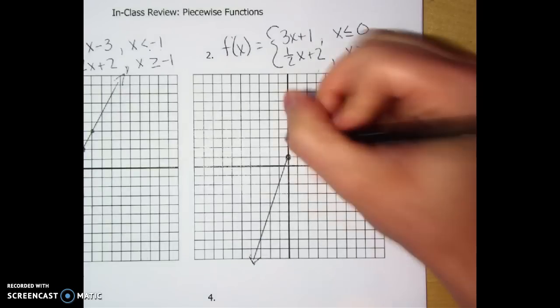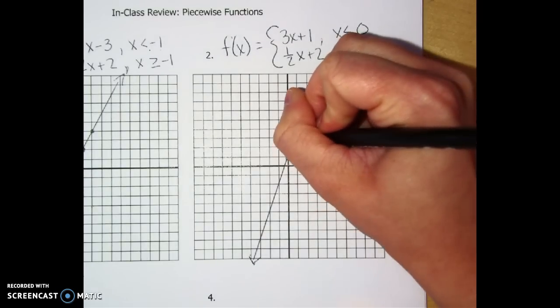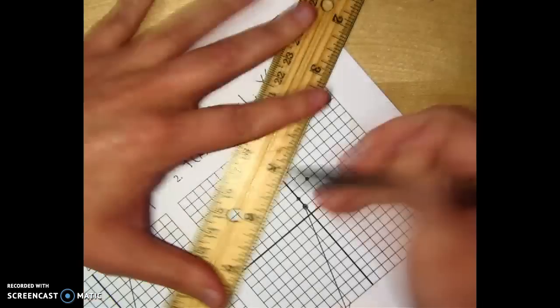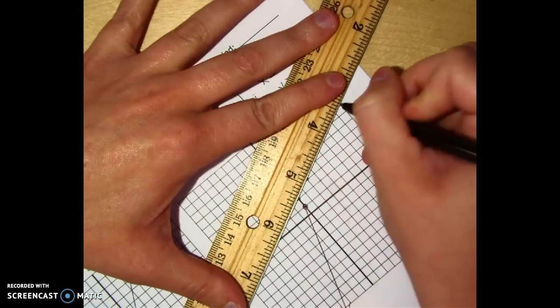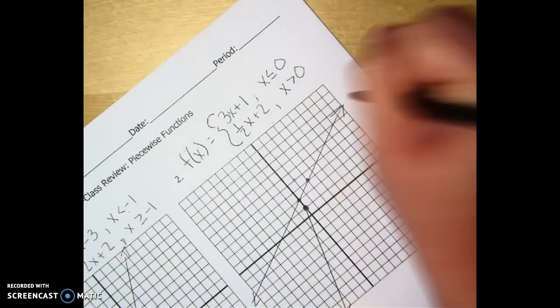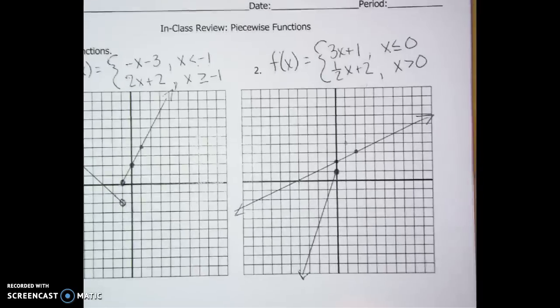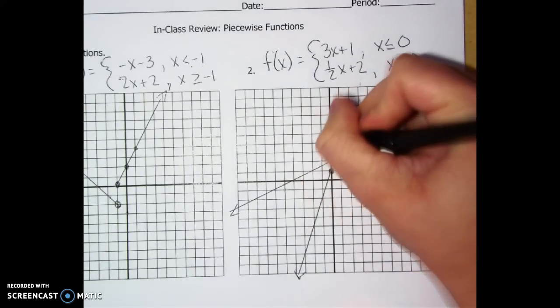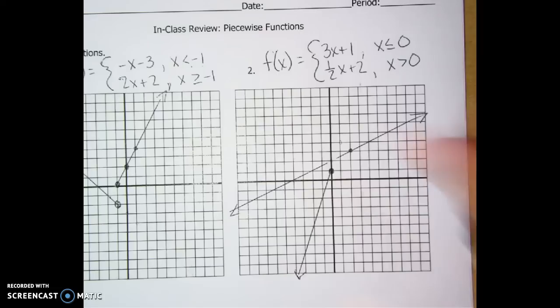The other one, you start at 2, go up 1 over 2. Okay, and the inequality tells me I need an open circle at 0. I already have a closed one there, so I am going to erase it and put in an open one.